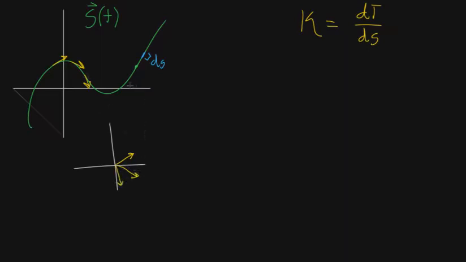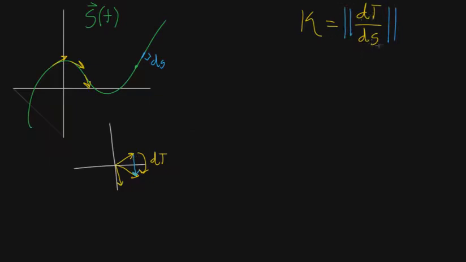And you're wondering, basically, as you take tiny little steps of size ds, what is this change to the unit tangent vector? And that change is going to be some kind of vector. And because the curvature is really just a number that we want, all we care about is the size of that vector.